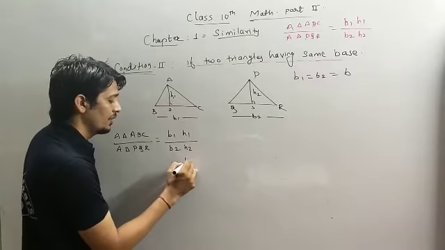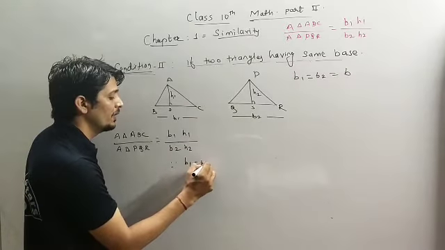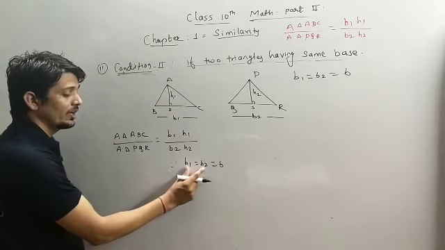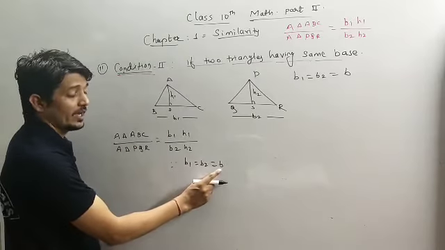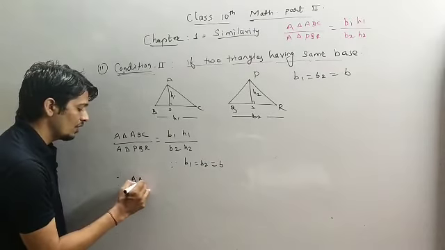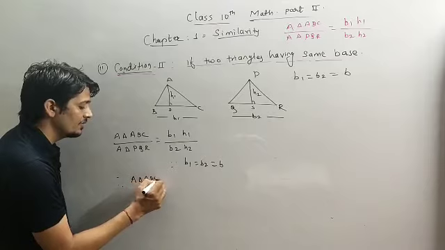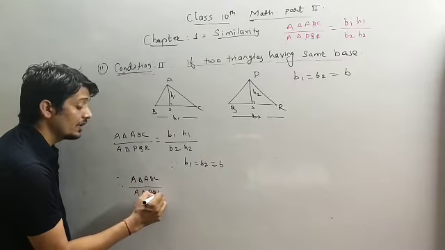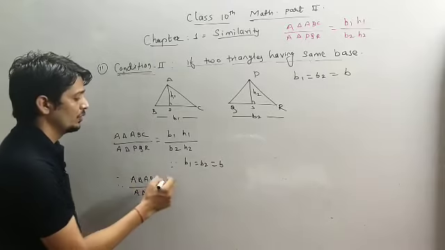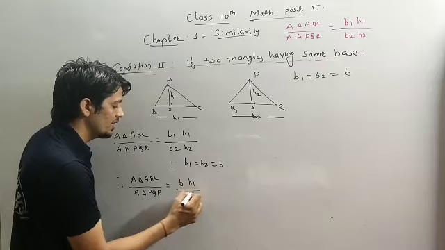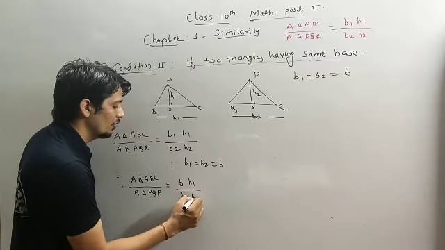Since B1 equals B2 equals B, according to the condition, दोनों की base same है, तो हम उसको क्या ले लेंगे B. Therefore we can write area of triangle ABC divided by area of triangle PQR equals B1 will become B into H1 divided by B into H2.